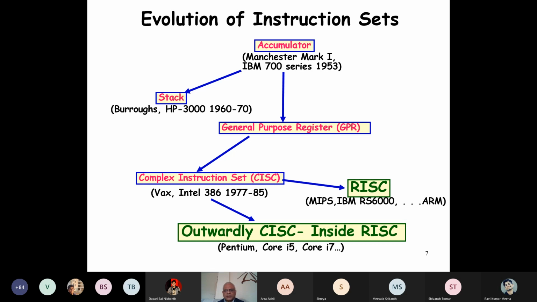Long back, 1953, the IBM 700 series computer and the Manchester Mark I computer, they were accumulator architecture. This is the ancient architecture. Here, one of the operands has to be in a special register called the accumulator.